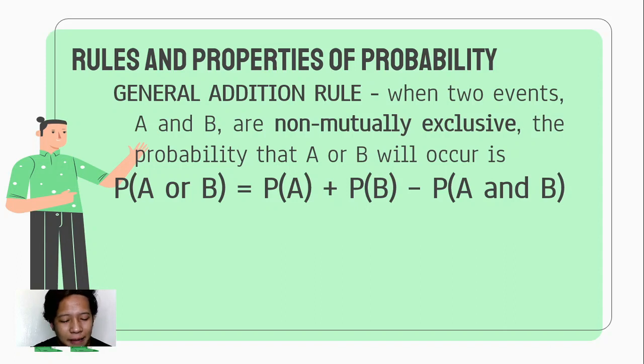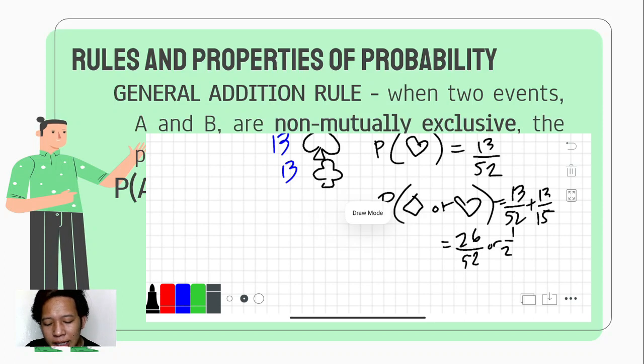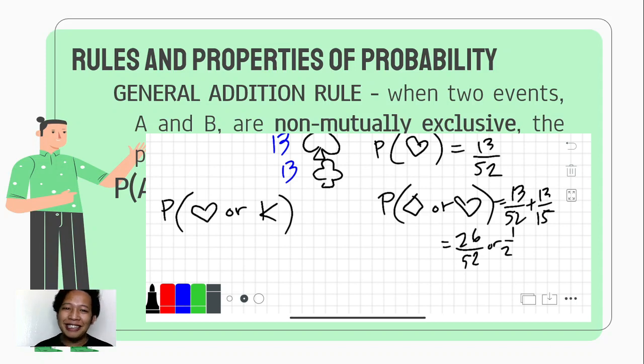Now, let's say for example, we are getting the probability of getting a heart card, or a king. Okay? A card of the king of cards. So we are looking for the probability of a heart or a king.